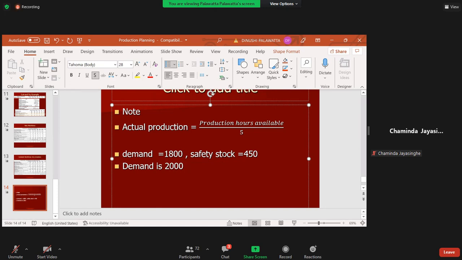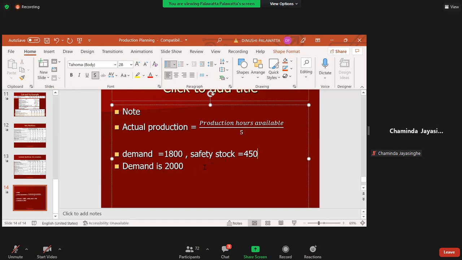So if the demand becomes 2,000, and this is a forecast, right? Then actual demand becomes 2,000, then we have to supply from the safety stock. So then suddenly demand is 2,000, and we supply this demand from safety stock. Okay.